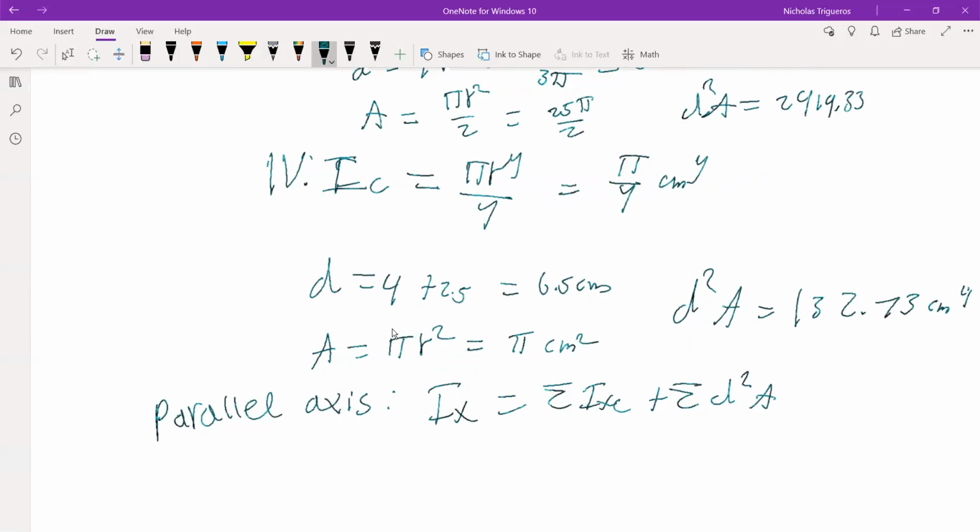Okay, so what we're going to do is subtract 132.73. I think we have to subtract it again. Yeah, subtract it a second time. And then subtract pi over 4 twice as well.